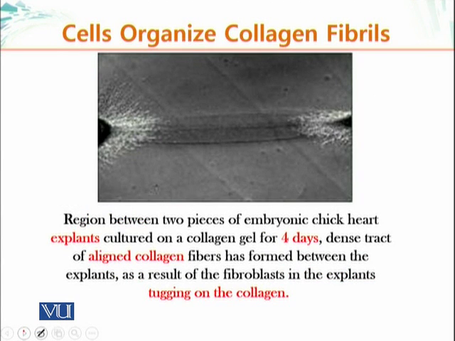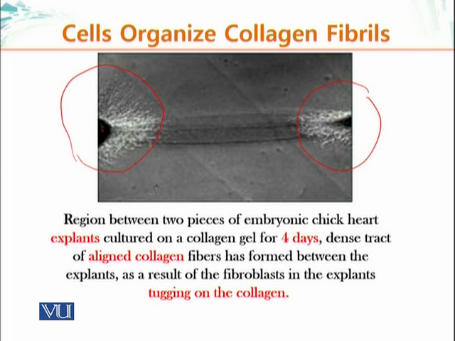But here I would like to show you a photograph. Here you have explants. An explant is basically a small piece of tissue which is full of cells. So a piece of, for example, chicken heart is placed on this side and also on this side, and there is collagen matrix in between. As you can see, initially the collagen matrix was basically at random.